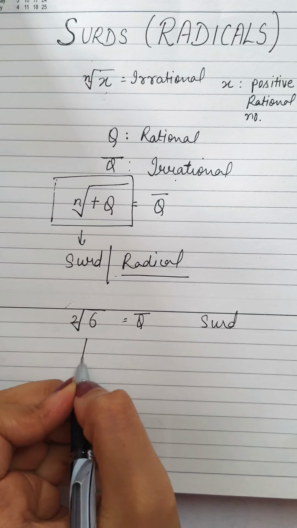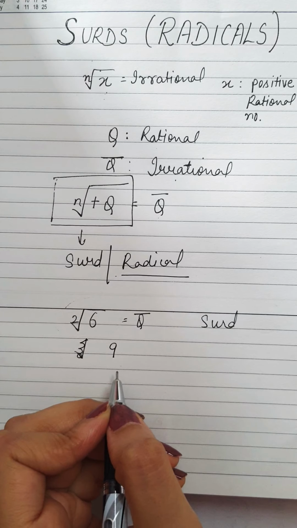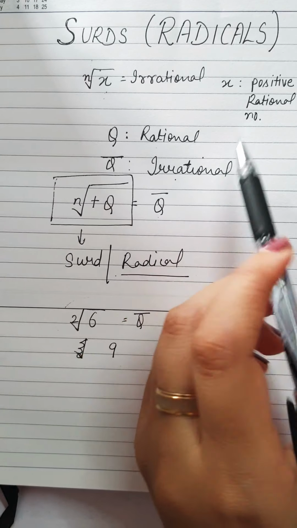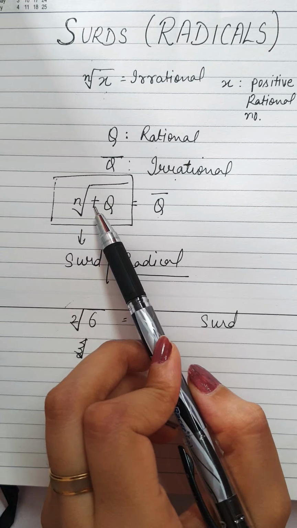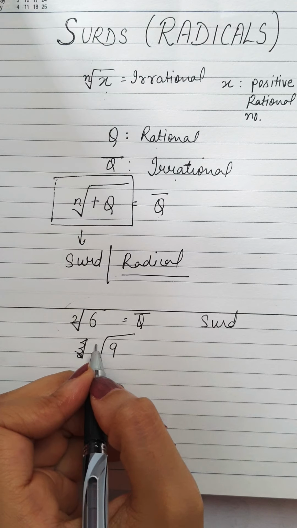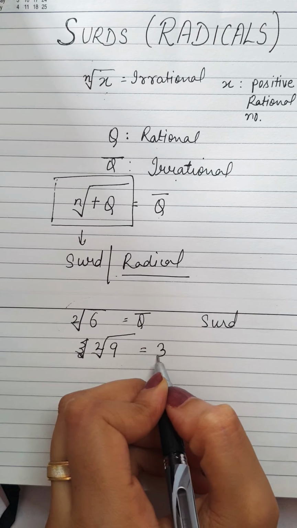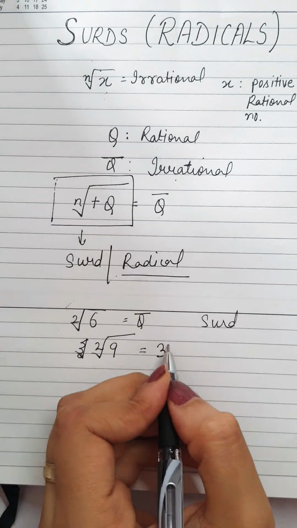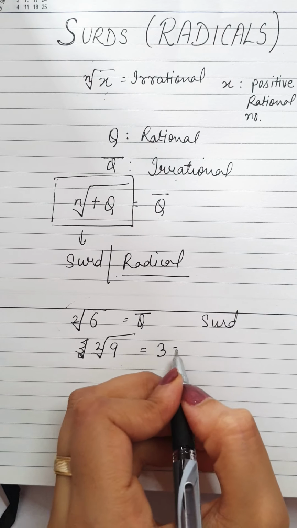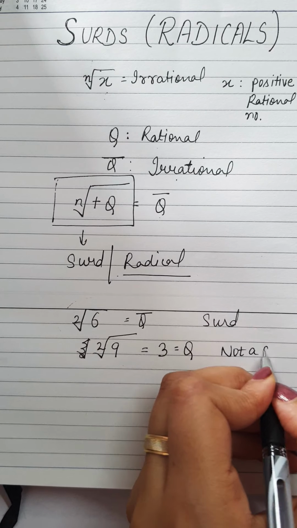Suppose I am taking 9 here. 9 is a rational number, a positive rational number. Keep the positive sign in mind. Then after applying square root, it will give me 3. 3 is a rational number, so it is not a surd.